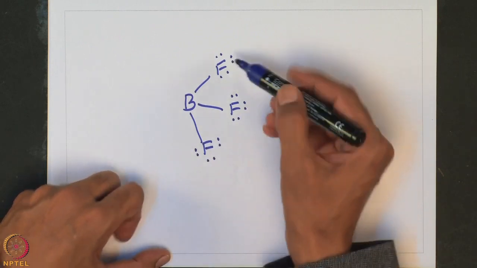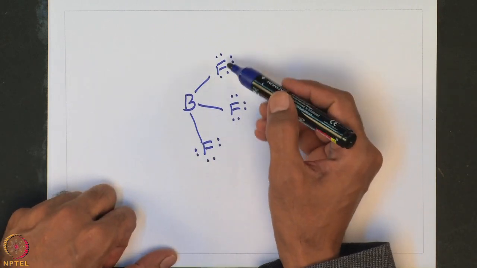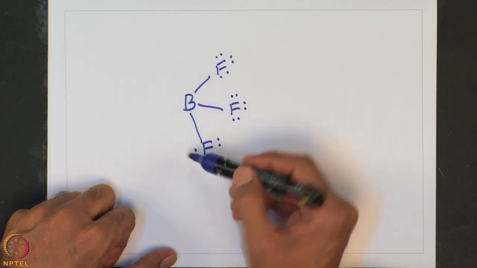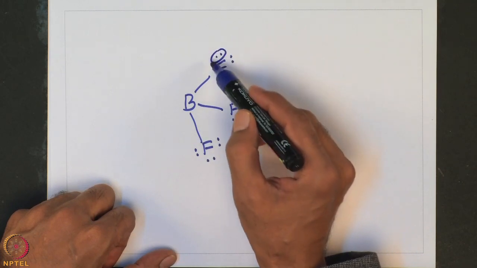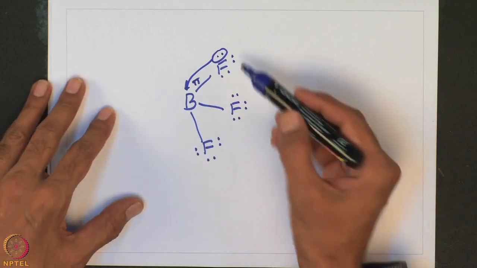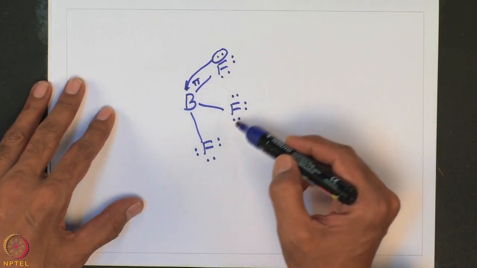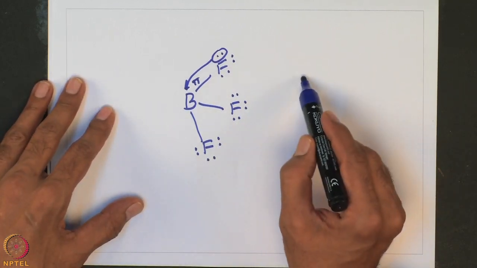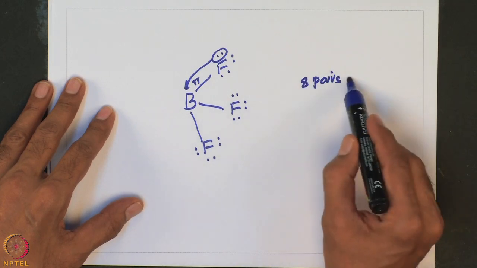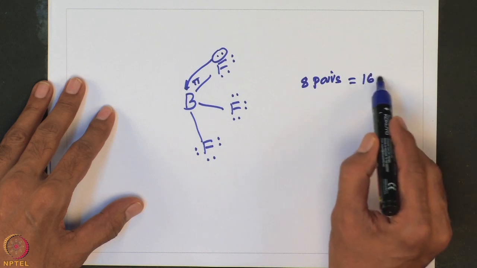Because the octet is satisfied for fluorine also: 2, 4, 6 and 8, 2, 4, 6 and 8, 2, 4, 6 and 8. Now, one of the lone pairs has gone through pi bonding. So, how many electrons are left now? We count 1, 2, 3, 4, 5, 6, 7, 8 pairs, that is 16 electrons now.